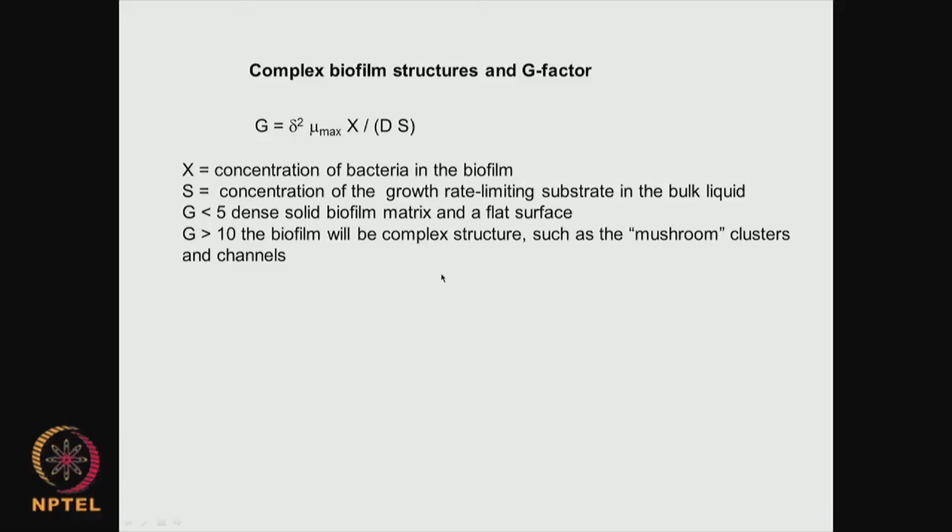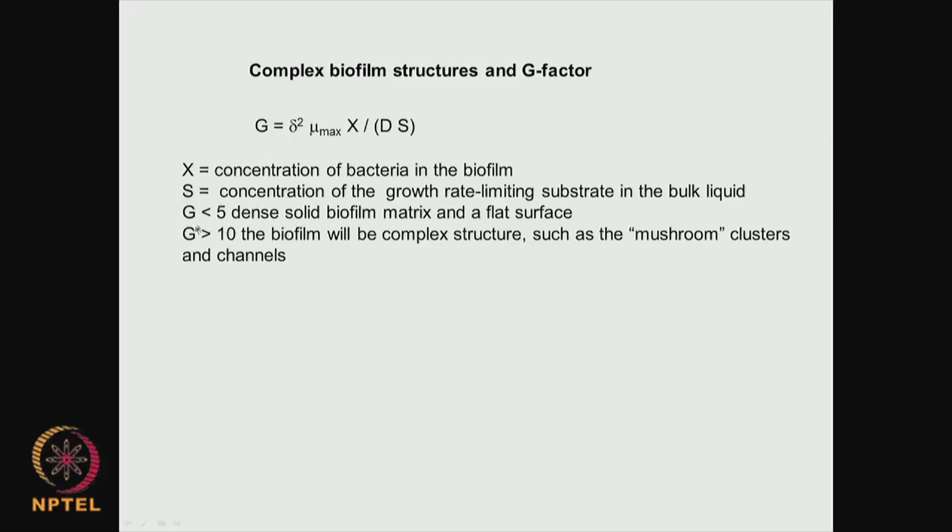The growth is very fast, so the substrate is not enough for the bacteria to grow. So, diffusion is the limiting factor, and you are going to end up with very complex biofilm structures with mushrooms, clusters, channels and so on. Whereas, if the reaction is slow, that means diffusion is much faster, so you are going to have a very thick flat solid biofilm matrix.